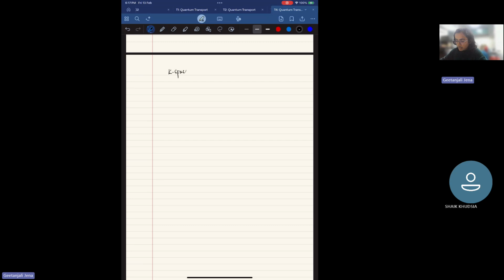So for the K space, we have seen energy in the perpendicular direction. This is given by kx square plus ky square by 2m. And from quantum mechanics, we can say this is n plus half h cut omega c.